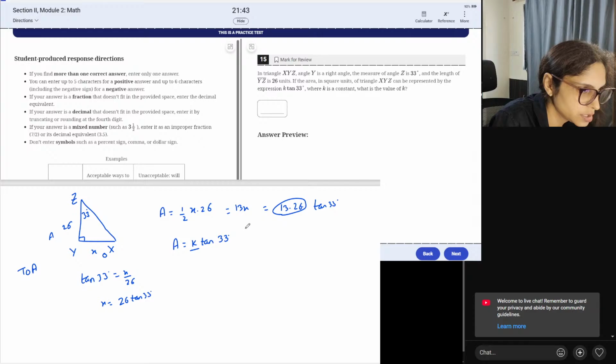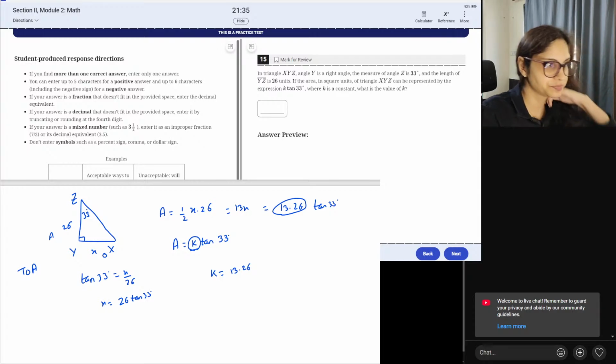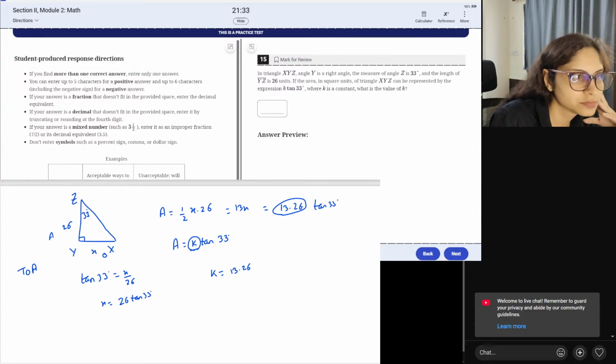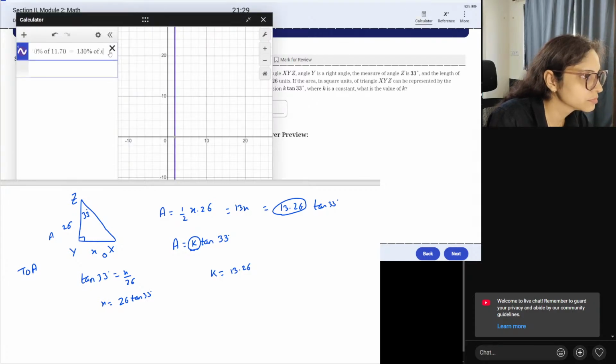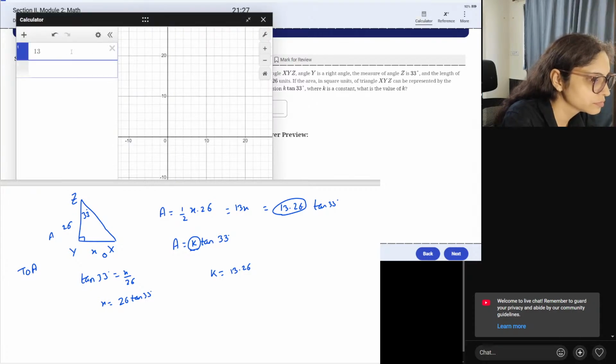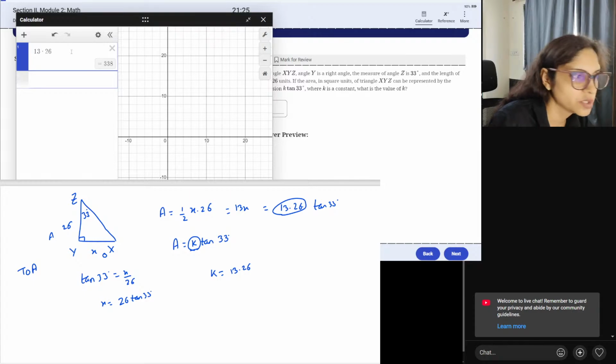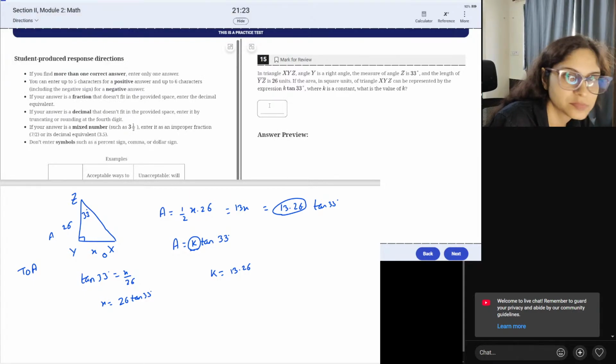So K is 13 times 26. I hope it is clear. $338. That's the value of K.